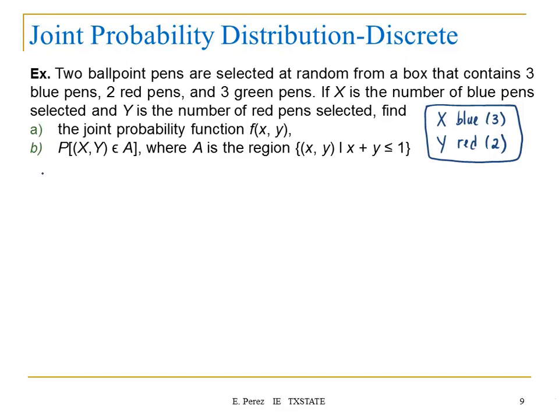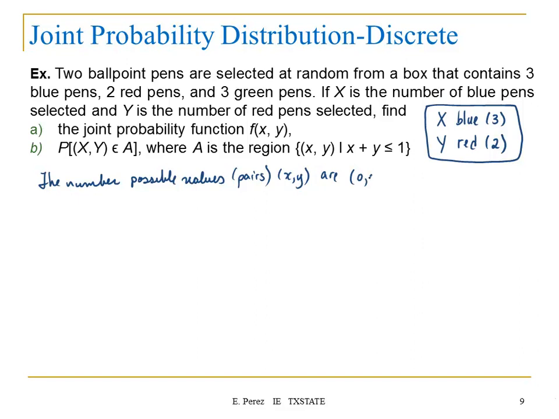So the possible pairs of values x and y are the following.